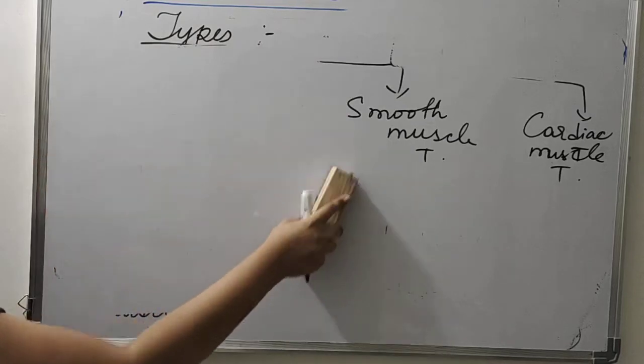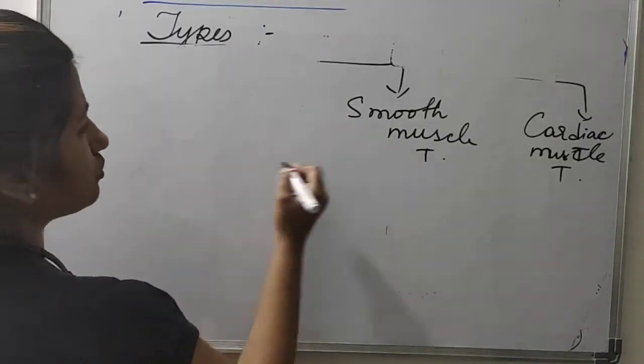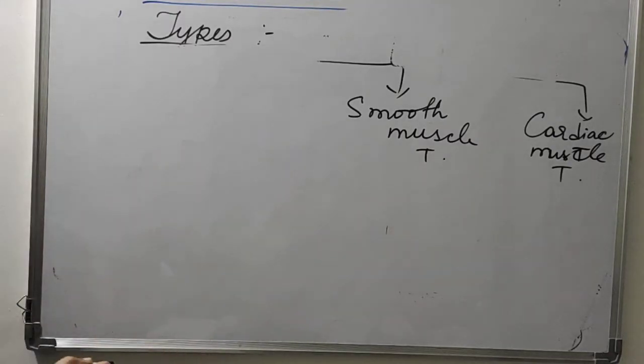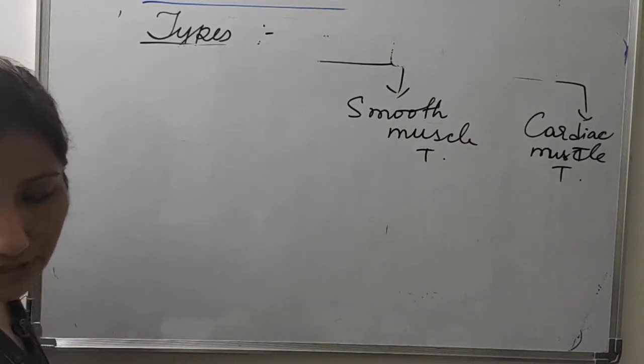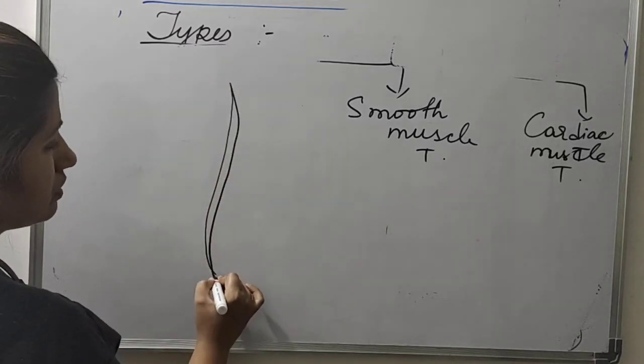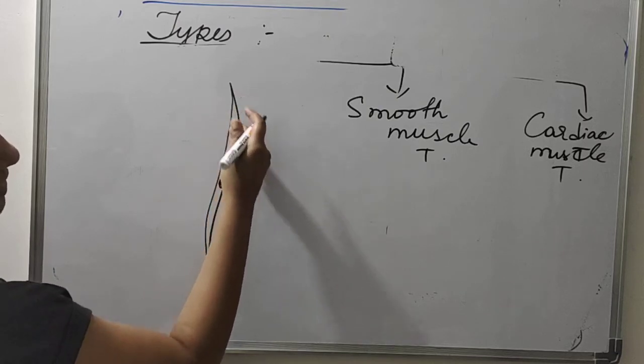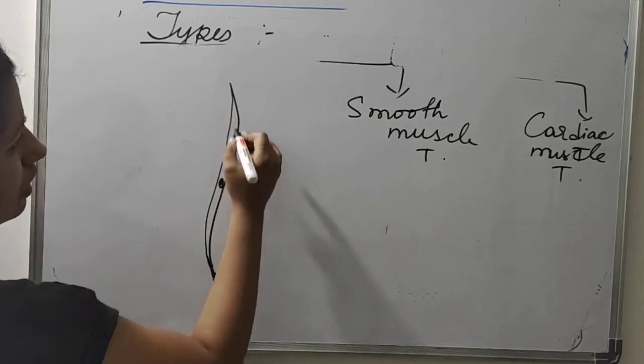Now we'll come to the smooth muscle. Let me draw the diagram here, or you can see the diagram from 7.7, figure B. Here is the nucleus. This is a muscle cell. How is this muscle cell?